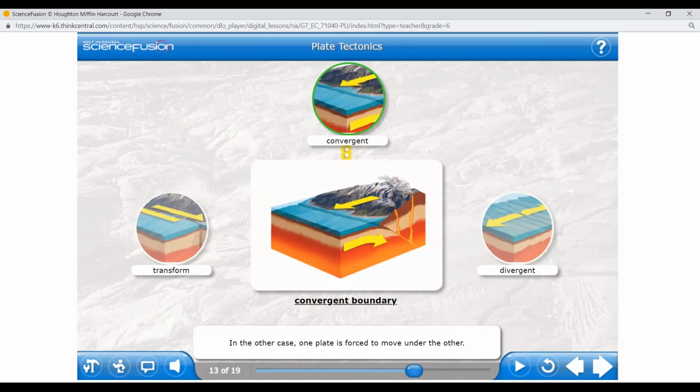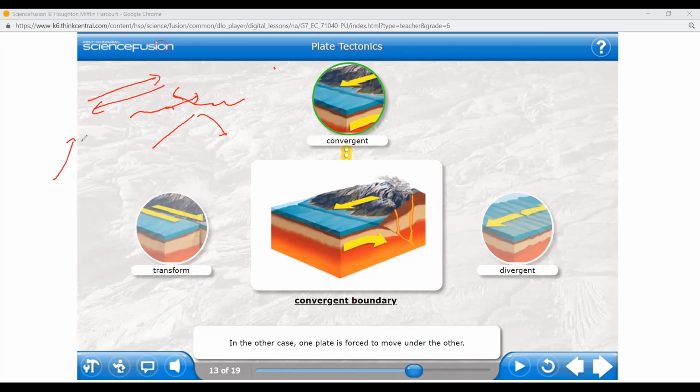See, simply they are saying here, how do mountains form? You have the simple plain earth crust, and you have another simple plain earth crust. When they merge into each other, they come into each other. Either they form mountains, or in the other case, one plate is forced to move under the other. For example, this layer goes under the other.